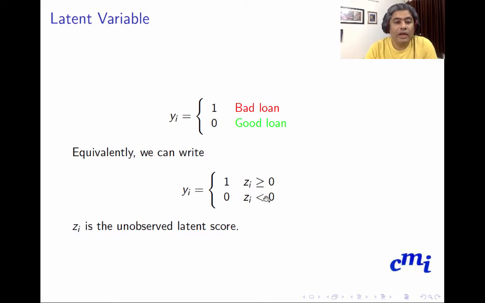So if a certain unobserved latent score is very high, we will call it a bad loan, and if it is on the lower side we will say that it is a good loan. And that is where the concept of the credit score comes in.